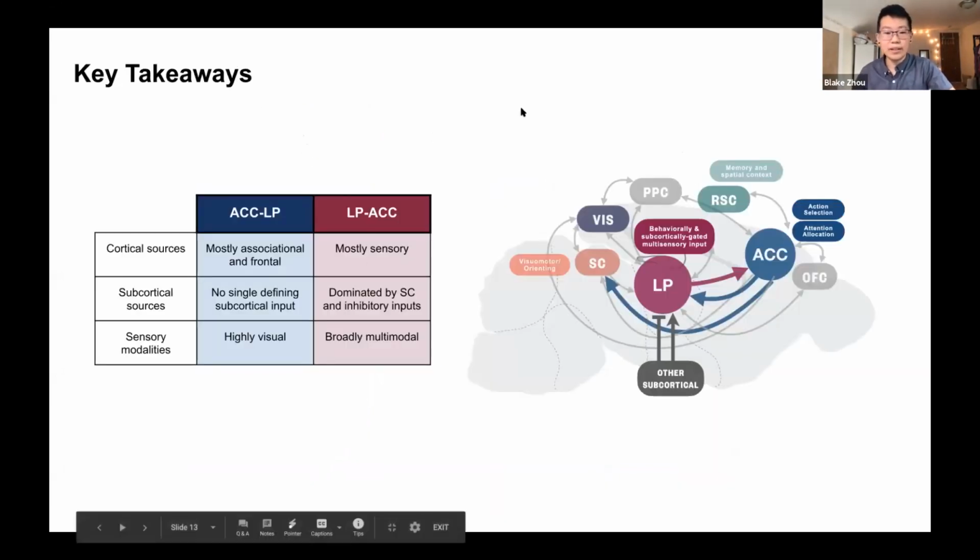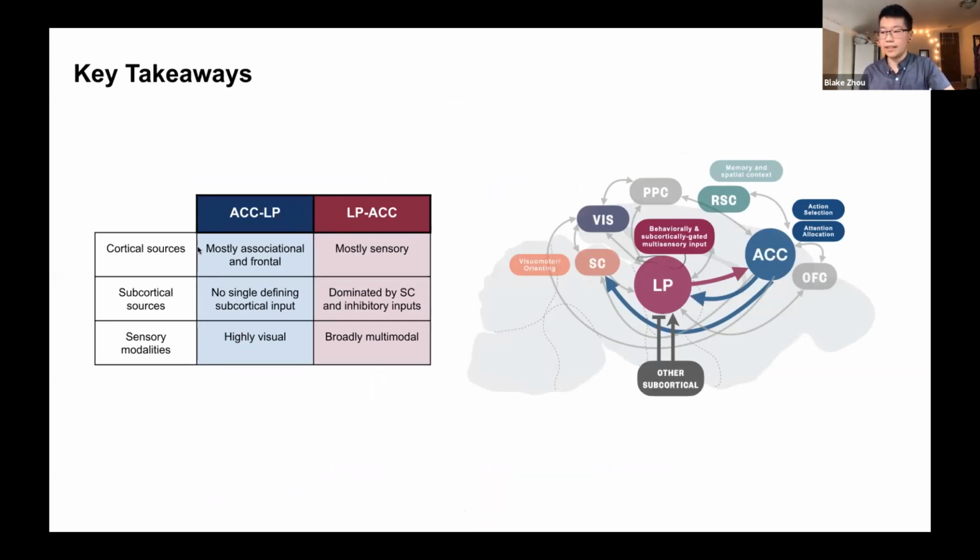So to summarize, today I showed you an anatomical mapping of the specific areas which influence the communication between the LP and the ACC. The ACC to LP projection is characterized by associational, frontal, and visual inputs, while the LP to ACC projection receives a broad multimodal array of sensory inputs, as well as superior colliculus and inhibitory inputs from the midbrain.